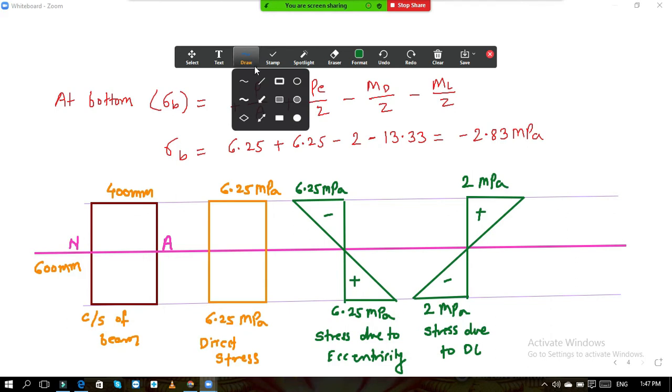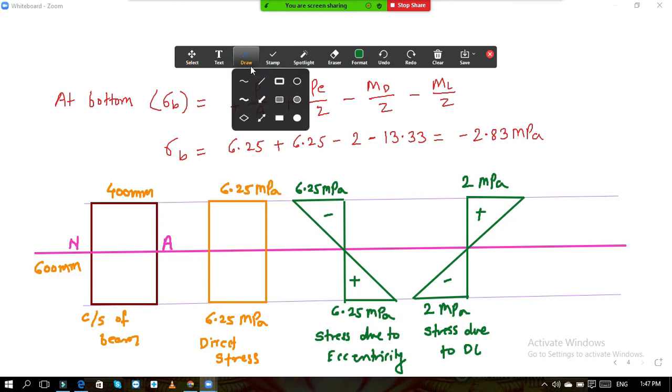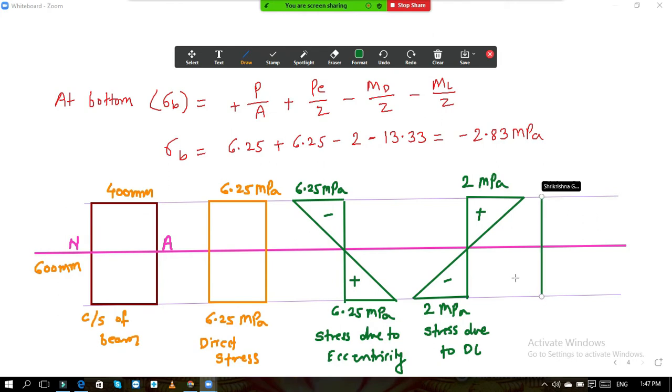And then one more diagram is there for live load. Okay, one more diagram for live load also we will draw. So now same diagram will be there for live load also, just the values are different.